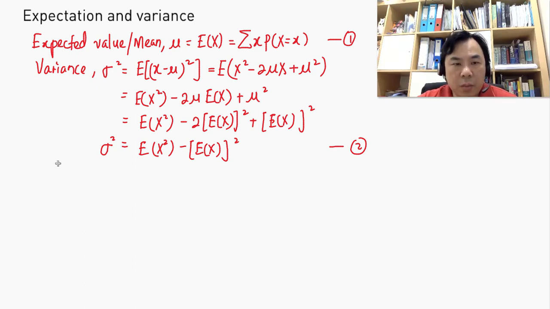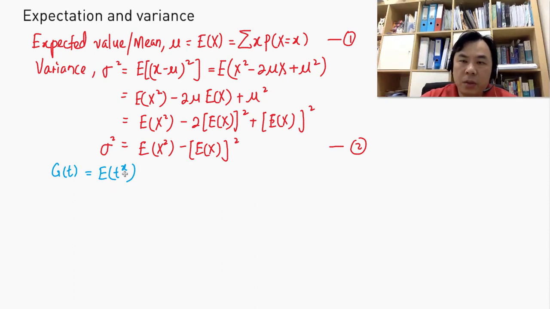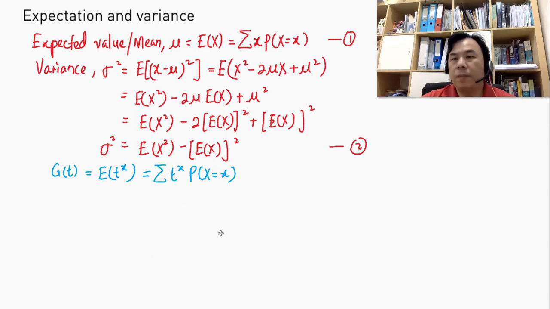We're going to start off by revisiting the probability generating function for a discrete random variable, which is given by E[t^X] by definition. Now it is given by the sum of t^x P(x) here. All right, so that is by definition.